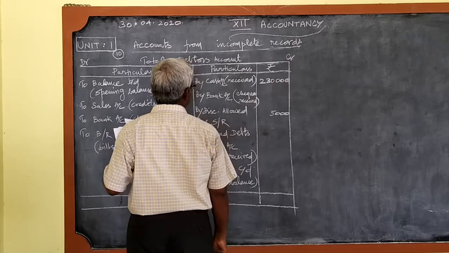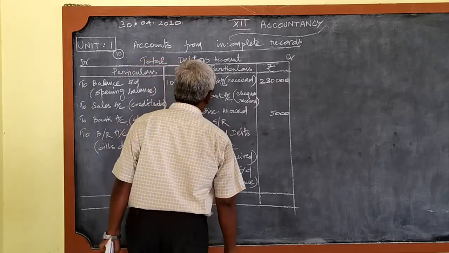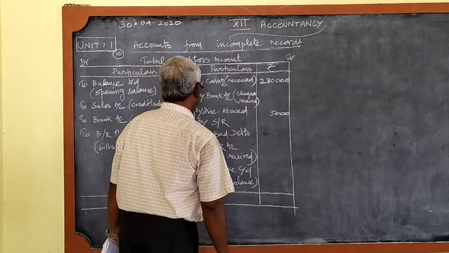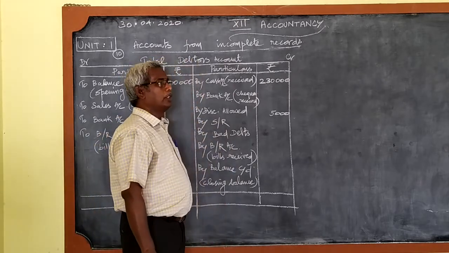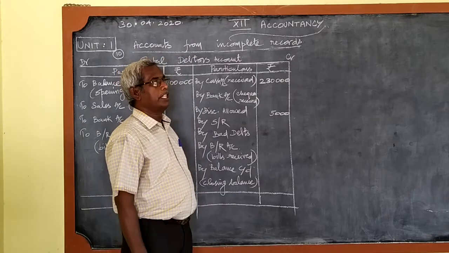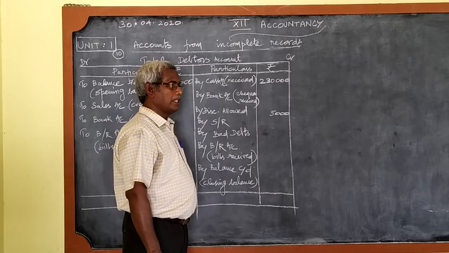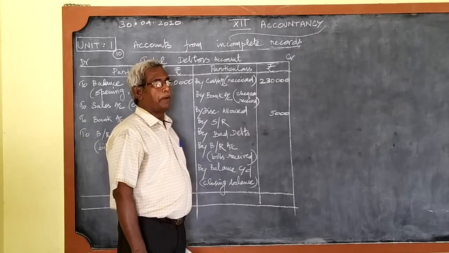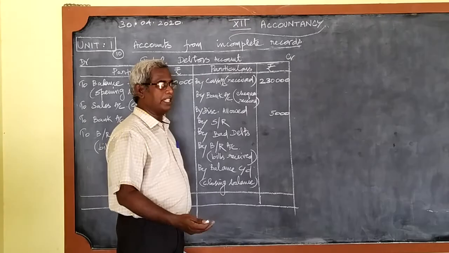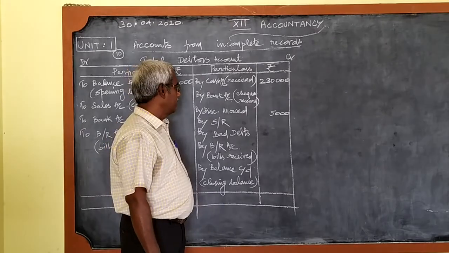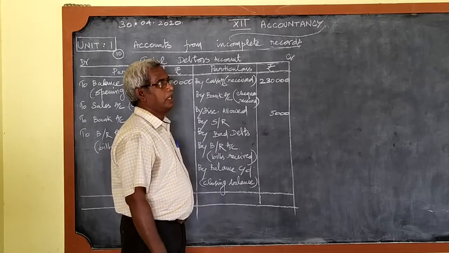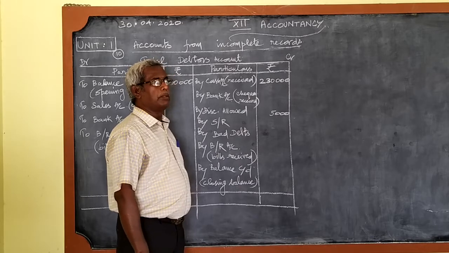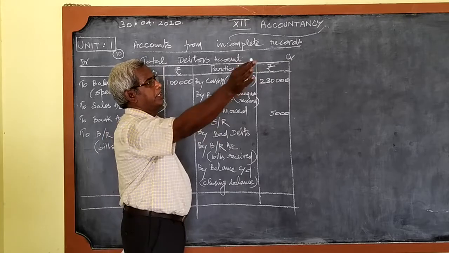Returns inward. What do you mean by returns inward? There are two terms, we have seen them in 11th standard itself. One is the purchases return, the other one is the sales return. For purchases return there is also some other name, and the sales return also has some other name. Once we purchase the goods, if we find them not suitable, not in good condition, we will return them.